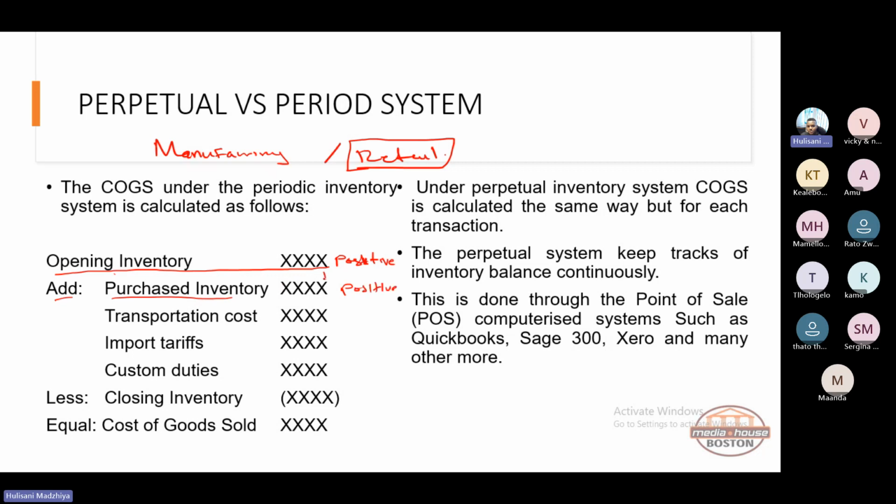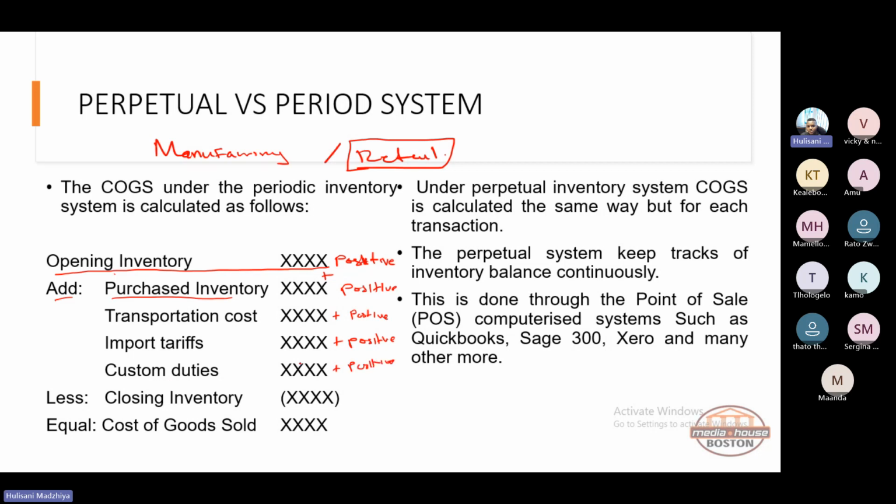It will be added together with the opening inventory. When you purchase this inventory, you're going to incur transportation cost, so you add it, so it's positive. You're going to incur import tariff if you're importing from other countries, so this is another positive amount. And then you're also going to incur custom duties at your borders. So you add it together.